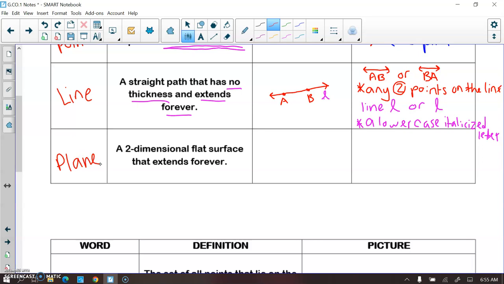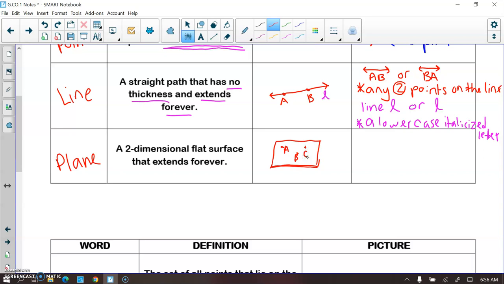We are talking about a two-dimensional flat surface that extends forever. And again, in the real world, it's not going to go on forever and ever. But in geometry, it does. So a picture of a plane, we draw kind of like a parallelogram looking thing. And when we name a plane, you would use any 3 points within your plane. And it doesn't matter the order.